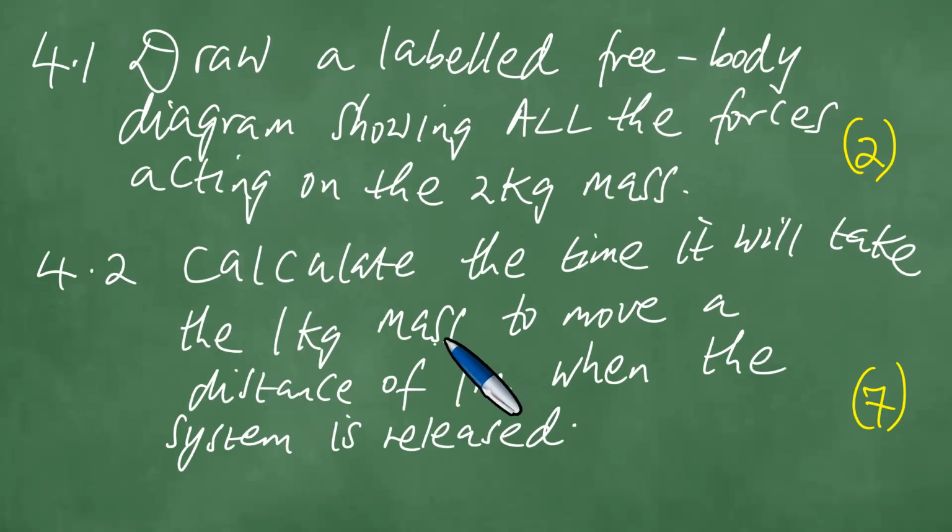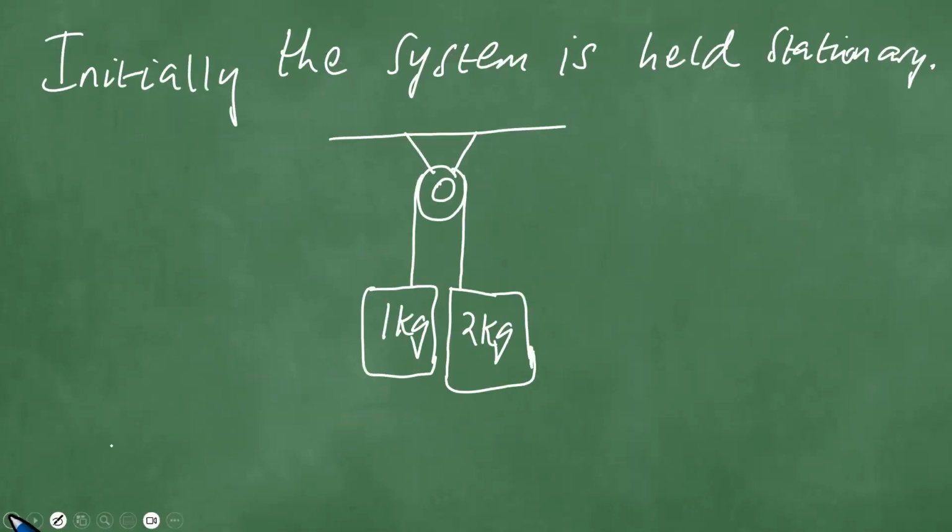When this is released, 2 kg is bigger than 1 kg, so we expect the 2 kg to go down and the 1 kg to go up.